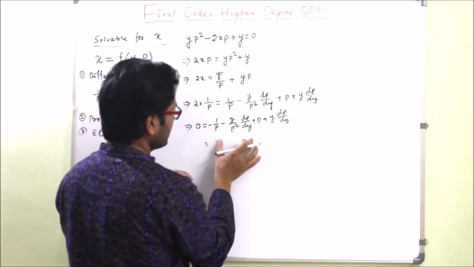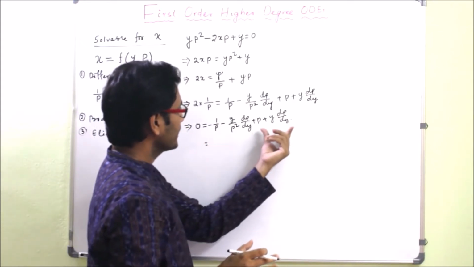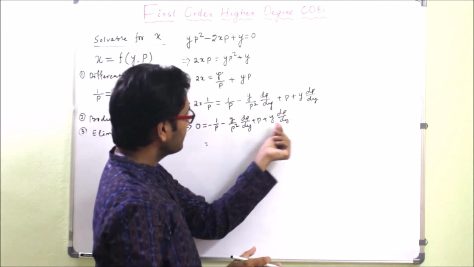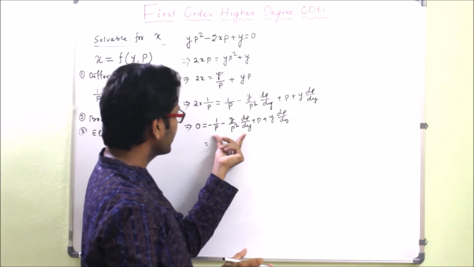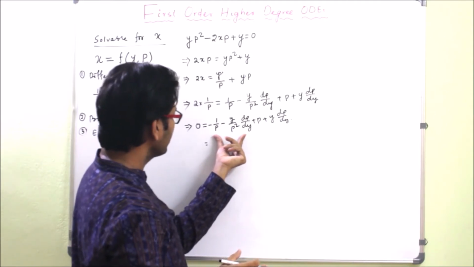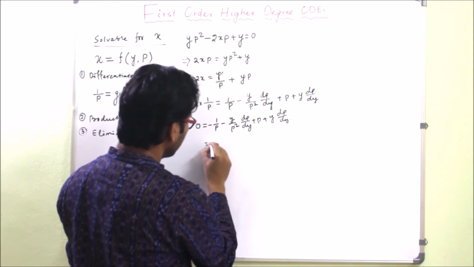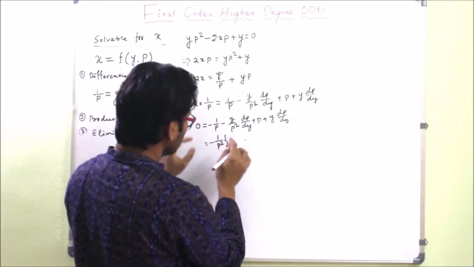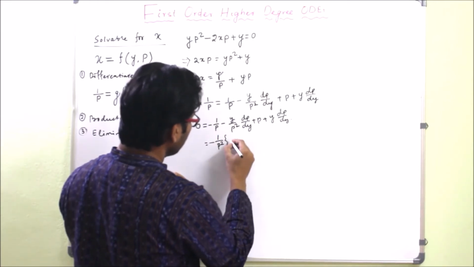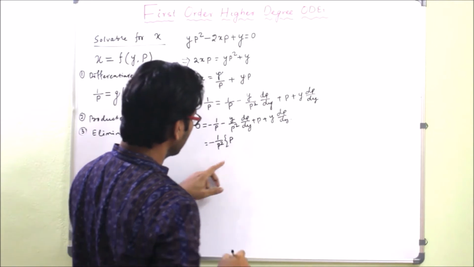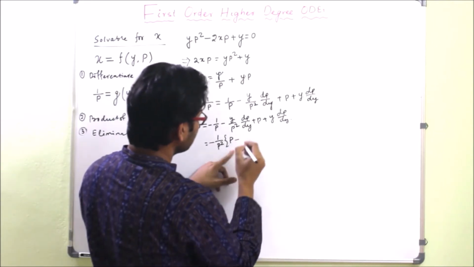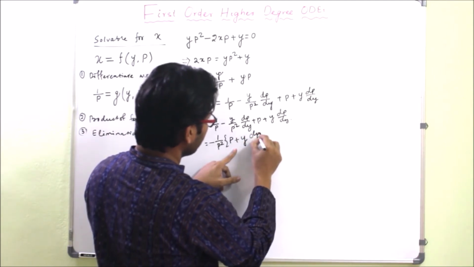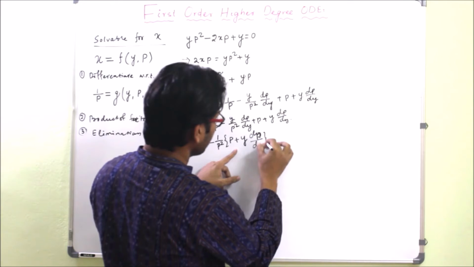Now how to factorize? The last two terms have p plus y dp by dy, and the first two terms also contain the same thing. If I take minus 1 by p square out of the first two terms, inside the bracket it will be p plus y dp by dy.